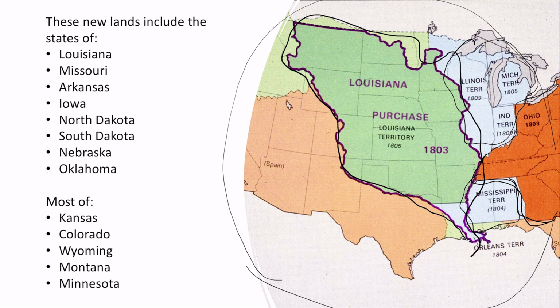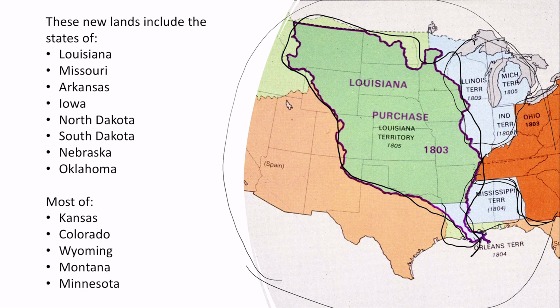So here, let's look at our text. The text says that these new lands include the states of Louisiana, Missouri, Arkansas, Iowa, North Dakota, South Dakota, Nebraska, and Oklahoma. Let me show you those.